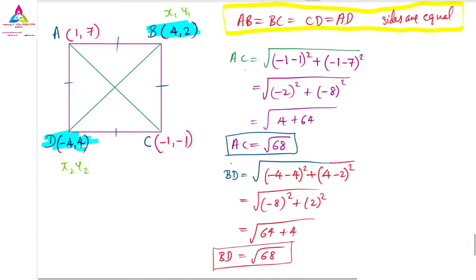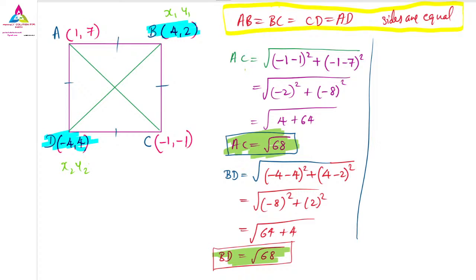Now you can compare this AC value that we have found and BD value that we have found. These are the diagonals, and both of the diagonals are equal. If both of the diagonals are equal, then we can say it is a square. Yes, very good.